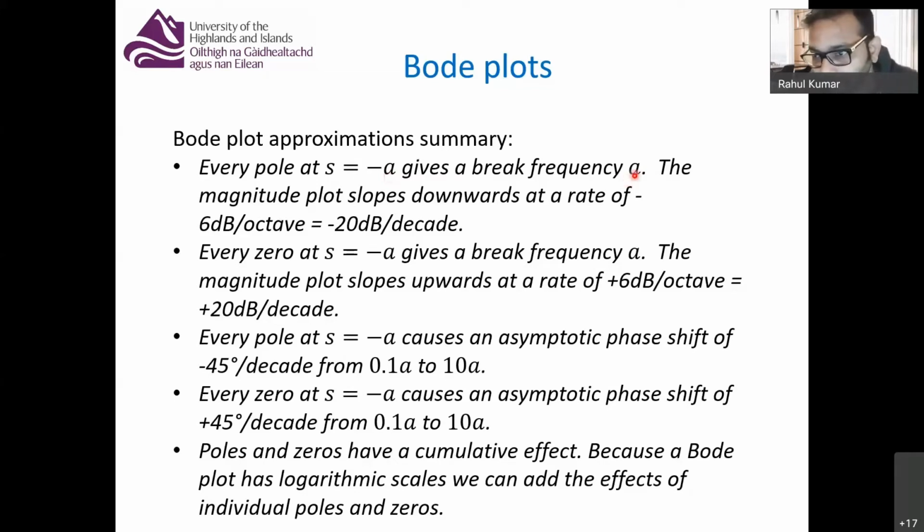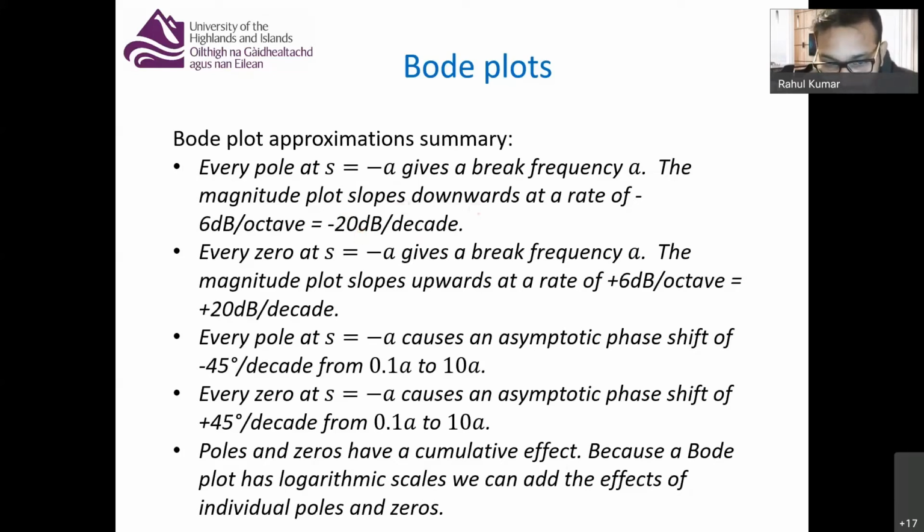And in the magnitude plot, because of this pole, the slope will be in the downward direction, at a rate of minus 20 dB per decade.